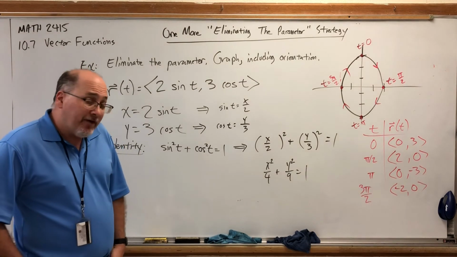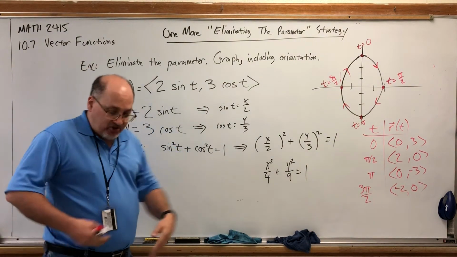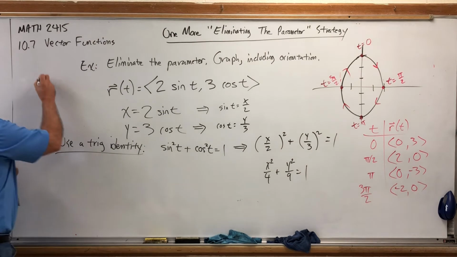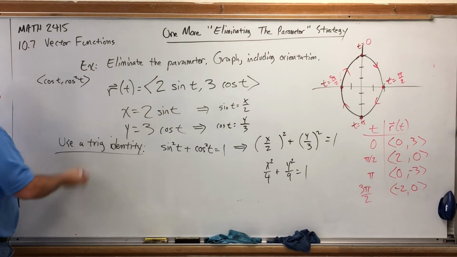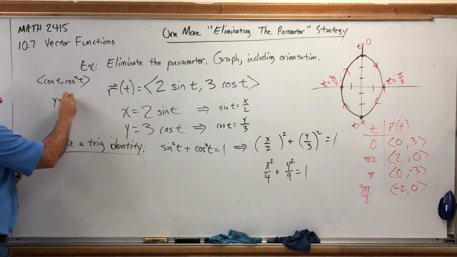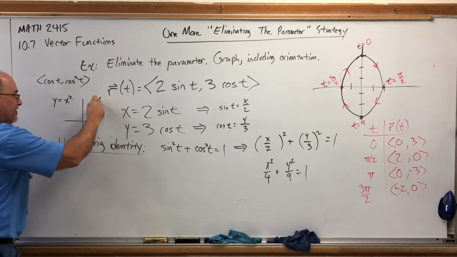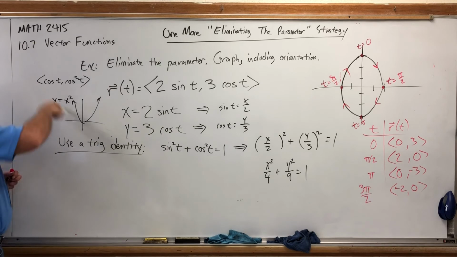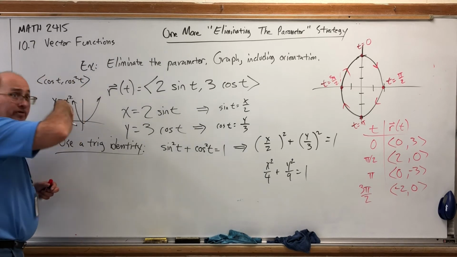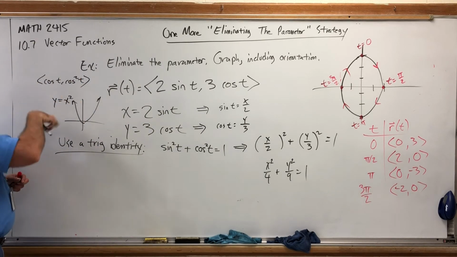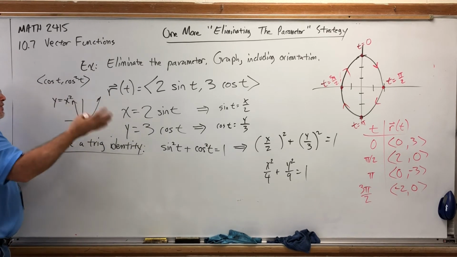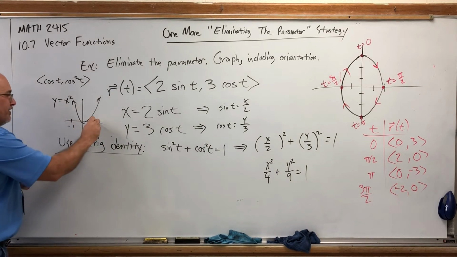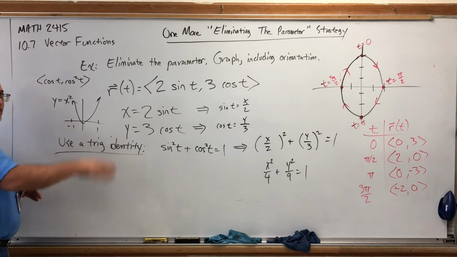But you do have to be careful, because remember in the previous example where we had the vector function cosine t, cosine squared t, and when we eliminated the parameter, we got y equals x squared. It was not the entire parabola, because the component functions each had a range that was limited. The range of cosine can only be between negative 1 and 1, which is why this parabola only oscillated between negative 1 and 1.